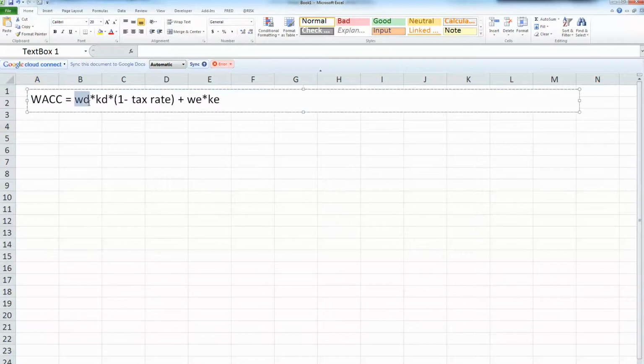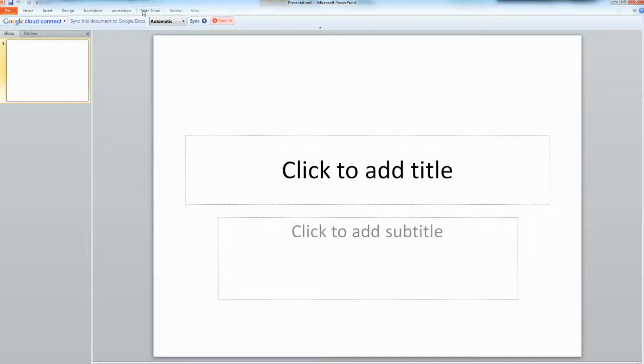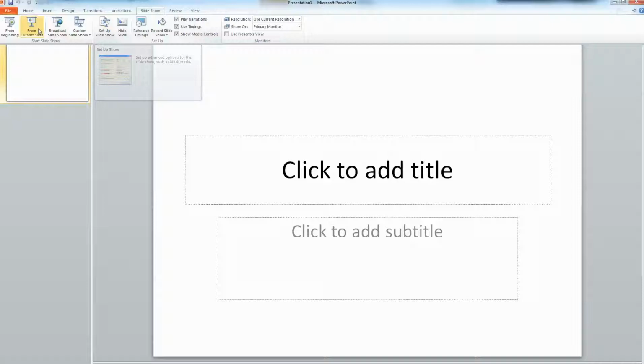Now, when I calculate the weights, the weight of debt and the weight of equity, I'm actually going to pop back to my PowerPoint slide again. If I look on a company's balance sheet, again, debt and equity, there will be values there.